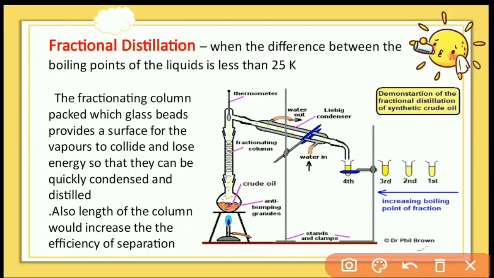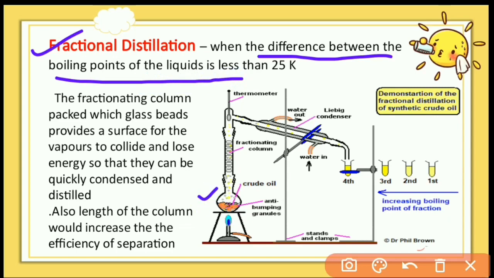The next is fractional distillation. It is used when the difference between the boiling points of liquids is less than 25 Kelvin. For fractional distillation, take a distillation flask and fix the fractional column. The fractional column is filled with glass beads, and fit the thermometer.